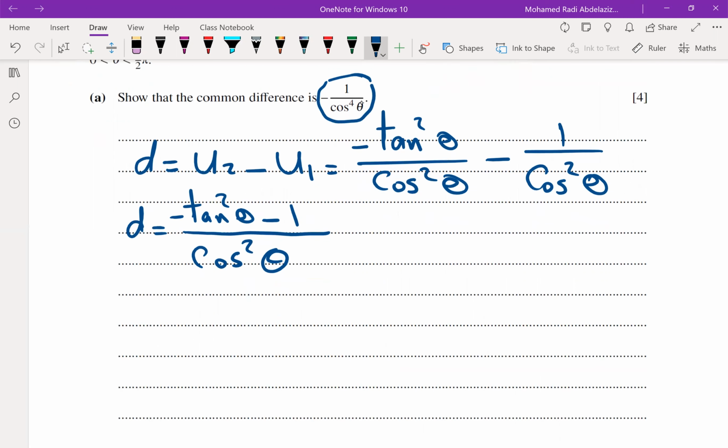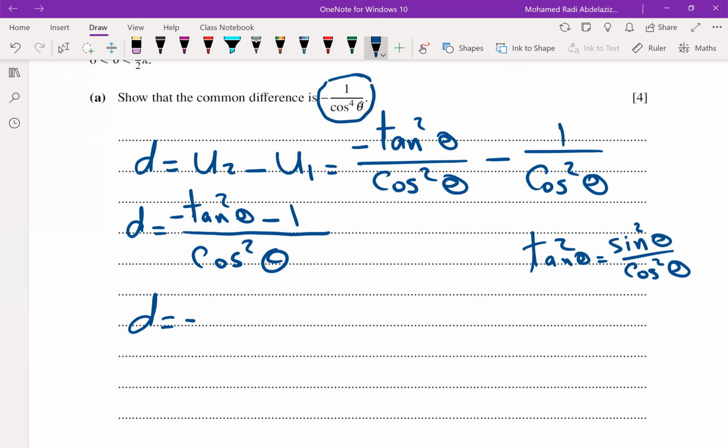So the first step, you have to remove tan. We already have tan theta is equal to sine theta over cosine theta. But this is squared, so tan squared is equal to sine squared over cosine squared.